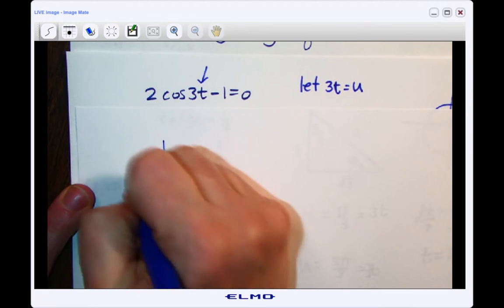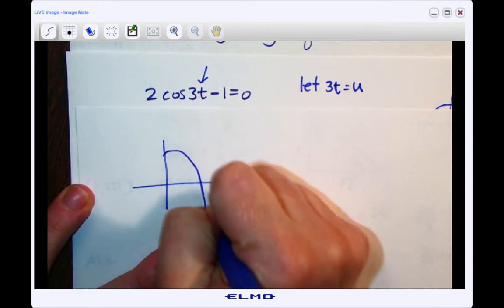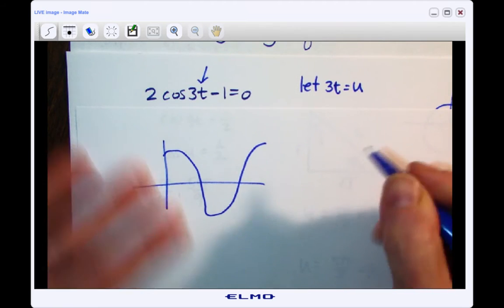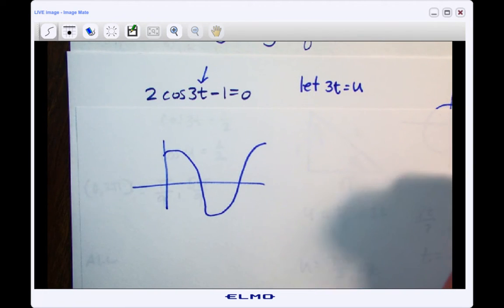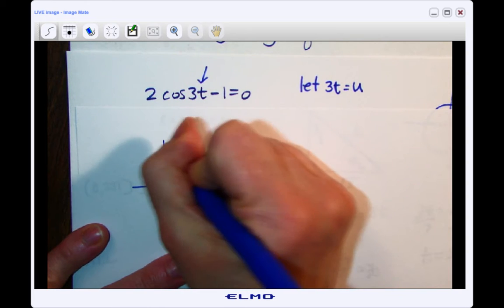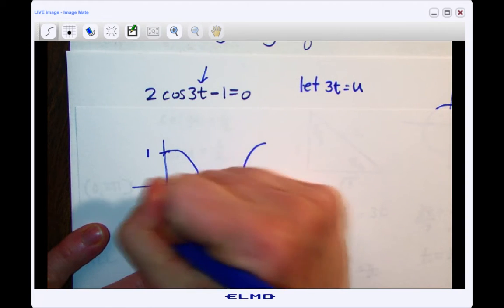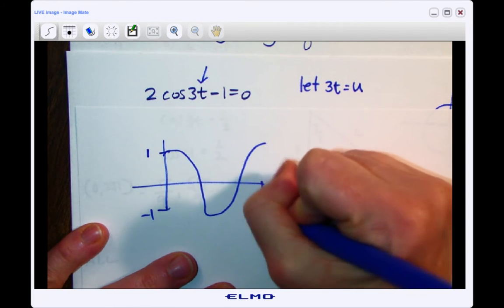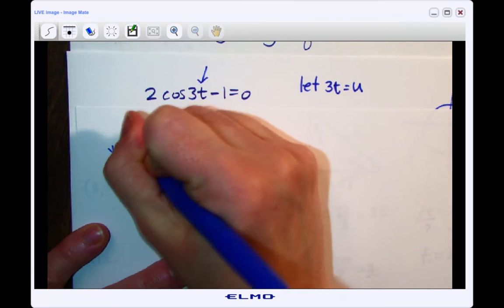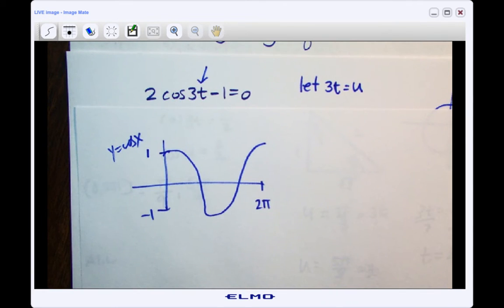So if I had cosine, if this were my cosine, pretend it looks nice, this would have been 2 pi. So if this is y is equal to cosine x. But if this is y is equal to cosine 3x, well, what has to happen?